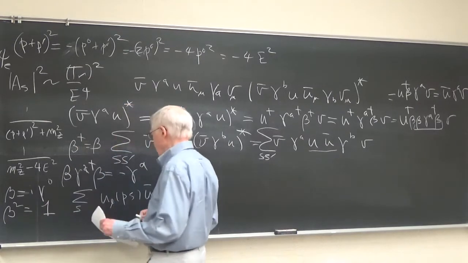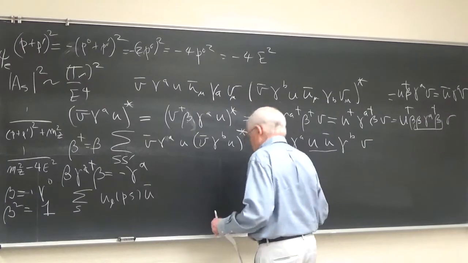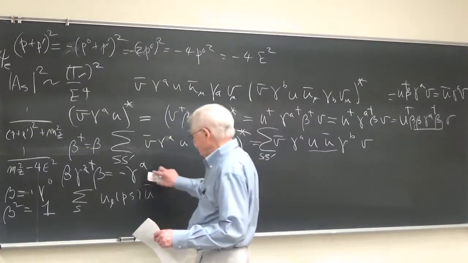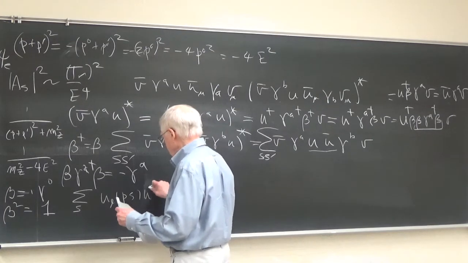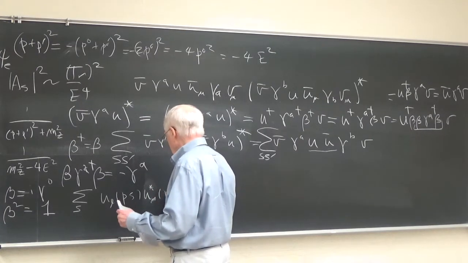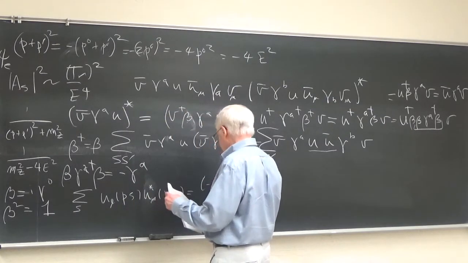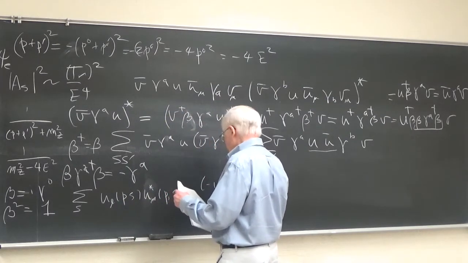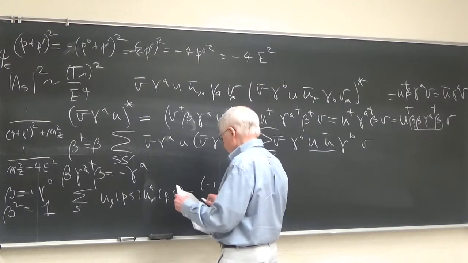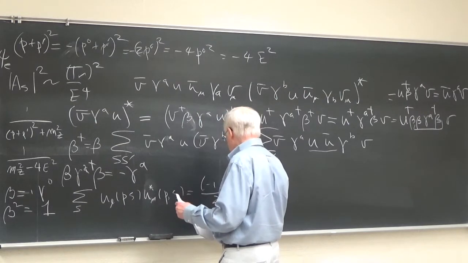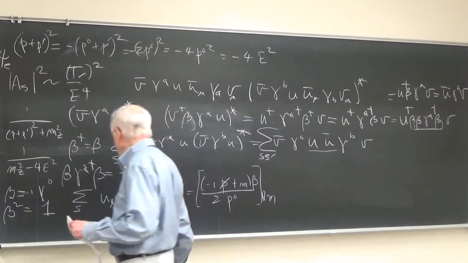We had U star M of P and S equal to minus i P slash plus M beta over 2P0, L M. So that was the formula.